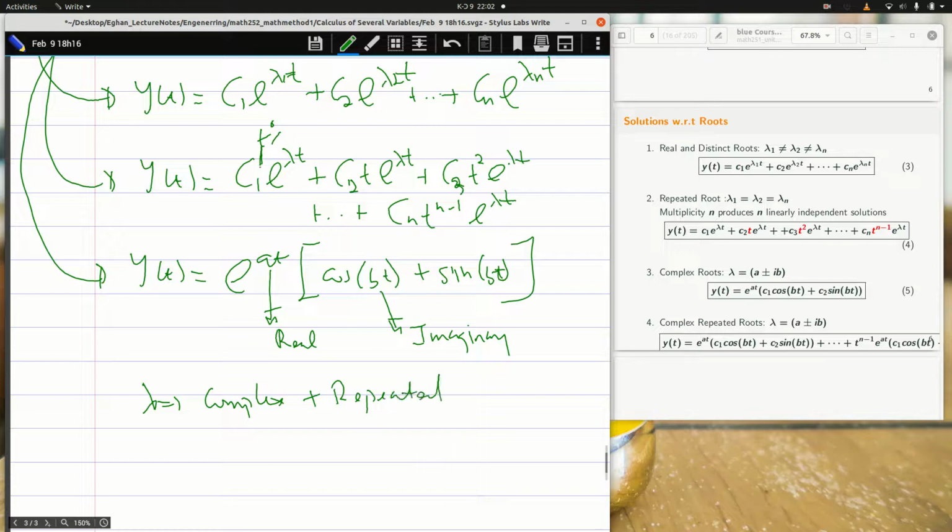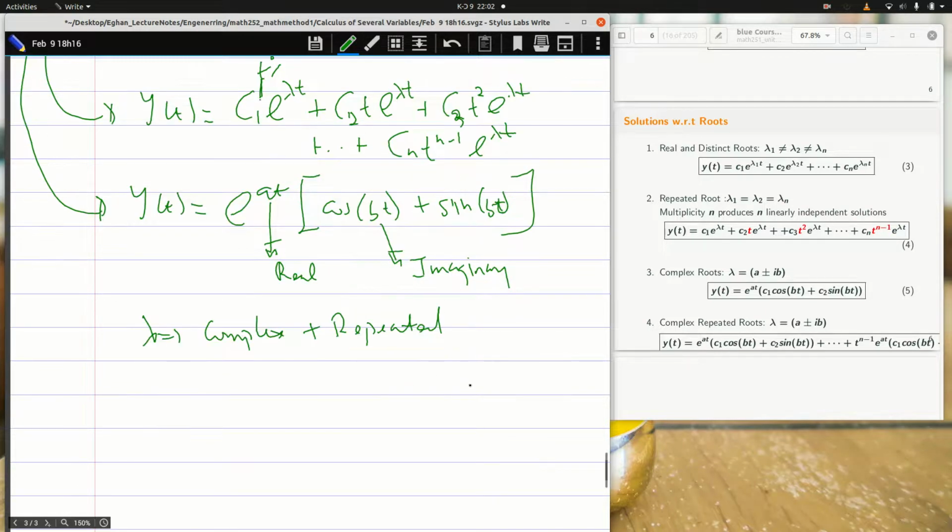In that case, assuming lambda 1, 2 are the same complex, and then lambda 3, 4 are also complex, it means I have the first part, c1 cos bt plus c2 sin bt.